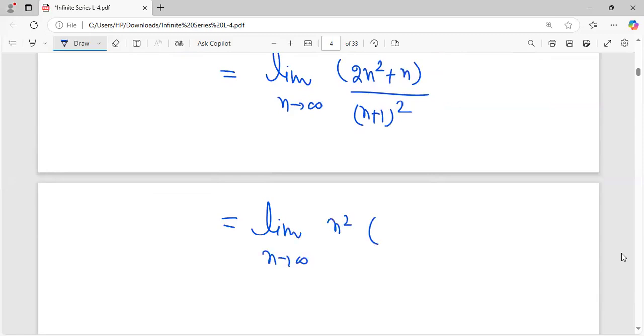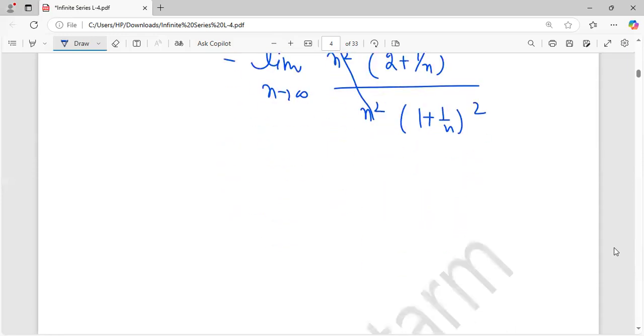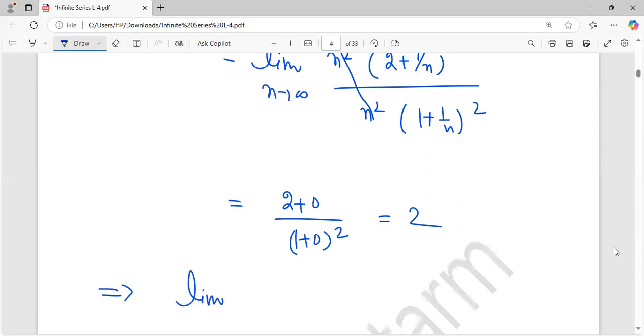So n square (2 plus 1 upon n) upon n square (1 plus 1 upon n) whole square. So n square is cancelled out. And then the limit is (2 plus 0) upon (1 plus 0) square, that is 2. So this implies limit n tending to infinity a_n upon b_n is equal to 2. 2 is a finite number, finite and non-zero.